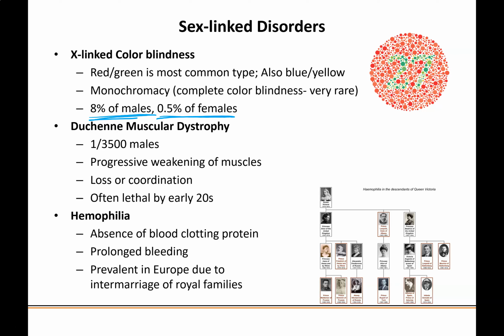Hemophilia was made popular because it was found that Queen Victoria of England was a carrier of this, and due to intermarriage of royal families in Europe in the late 1800s, early 1900s, there's a high frequency of hemophilia in European royal families.